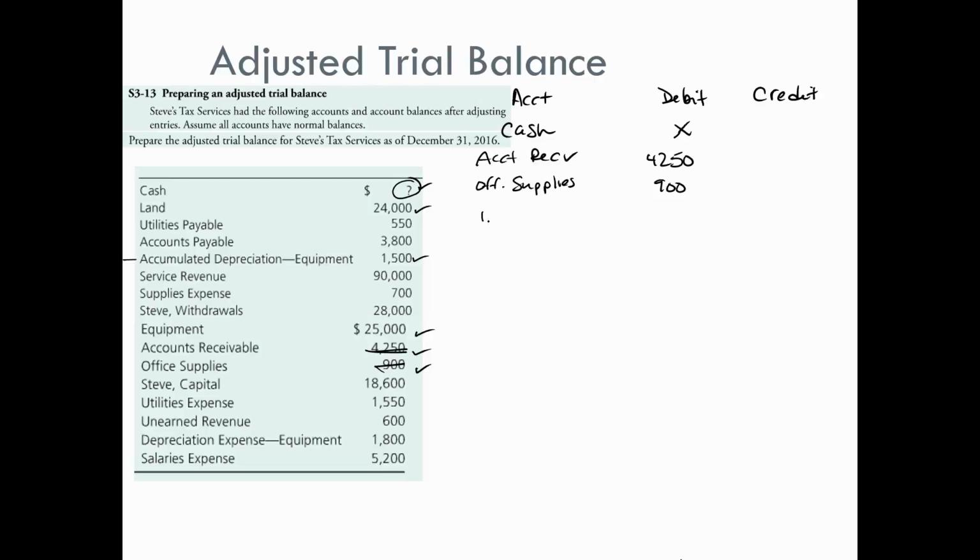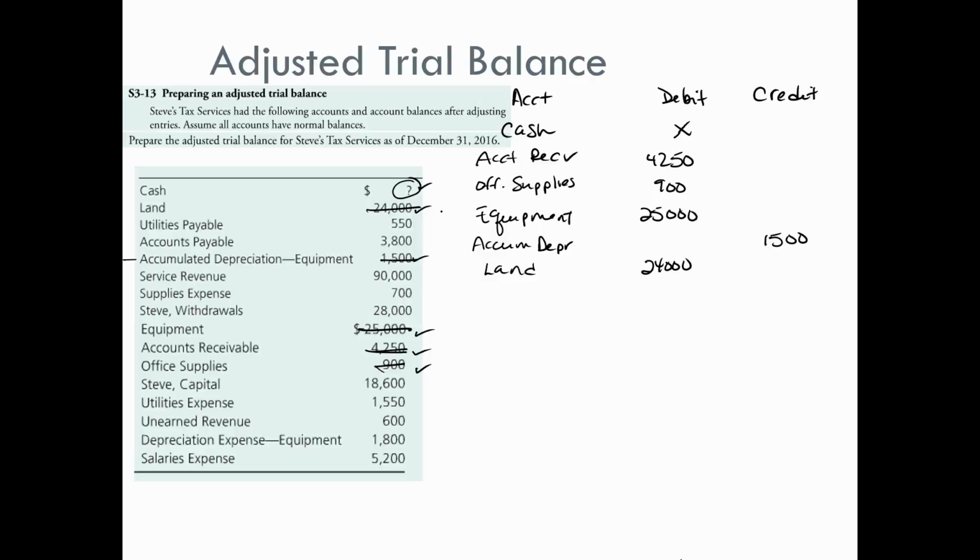Let's do our equipment, which has a balance of $25,000 on the debit side. Then we'll put that accumulated depreciation for the equipment. That has a credit balance though, so that goes over here. And then our last asset is the land, which is $24,000.